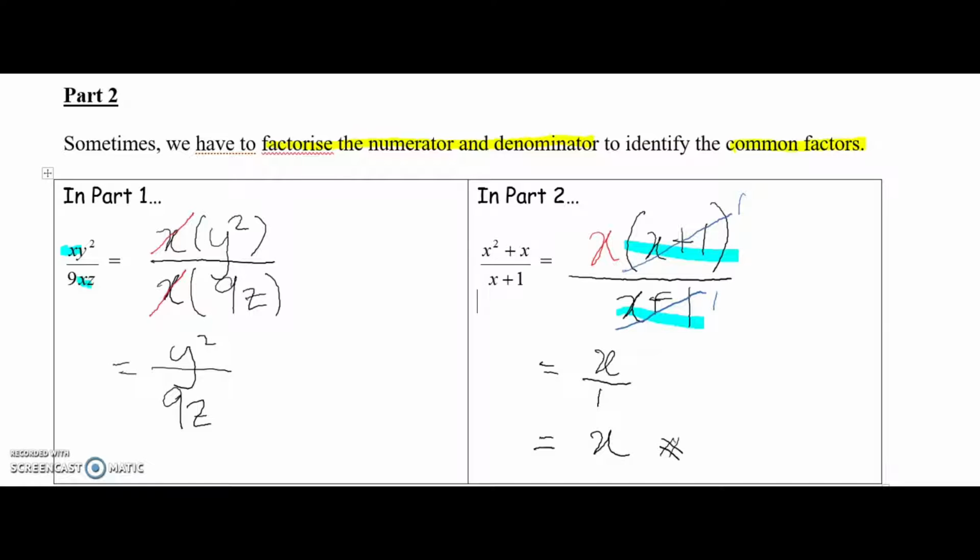And this is how you simplify algebraic fraction that has two or more terms for the numerator as well as denominator. Please also take note of the misconception that some students may make for this kind of question. For the same example, some students may think that they can actually divide one of the terms in the numerator, which is x squared, by the denominator x.